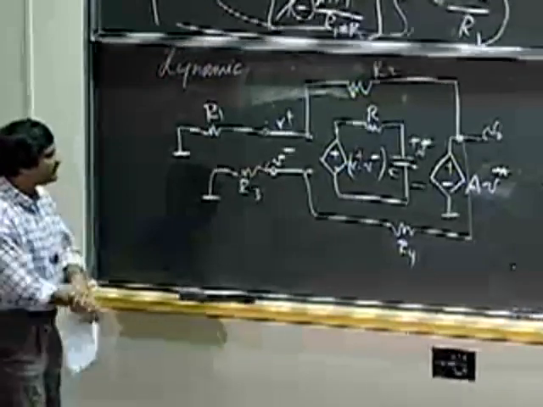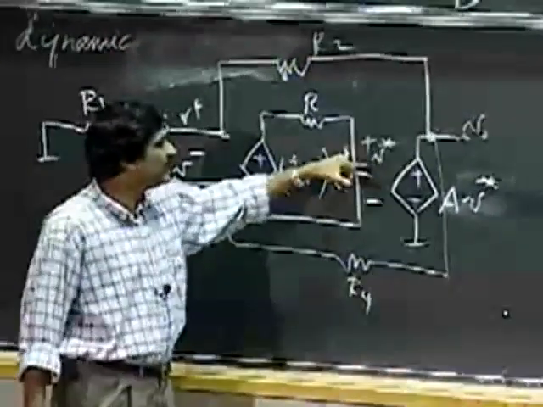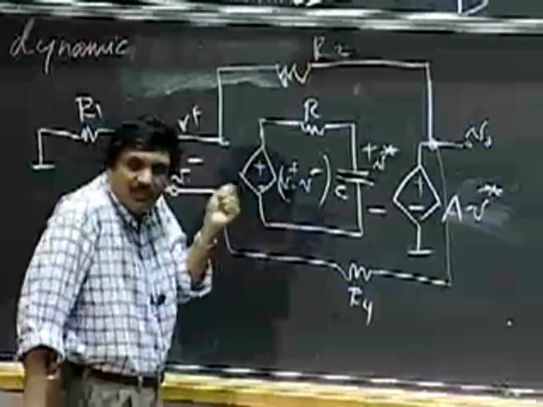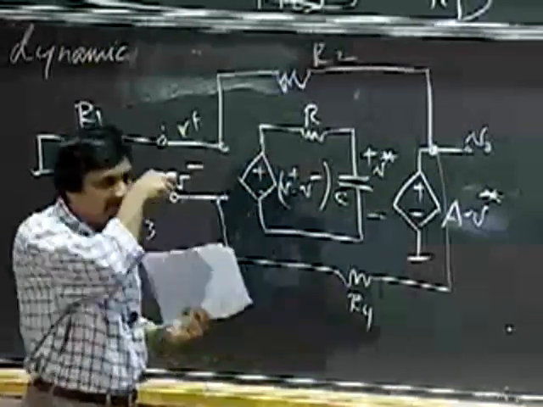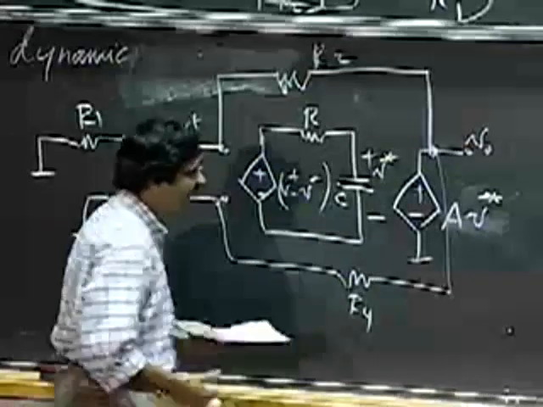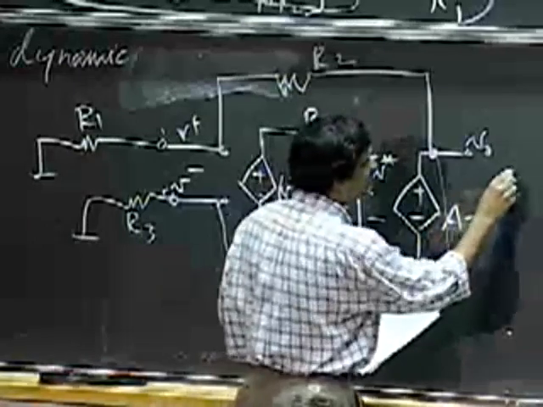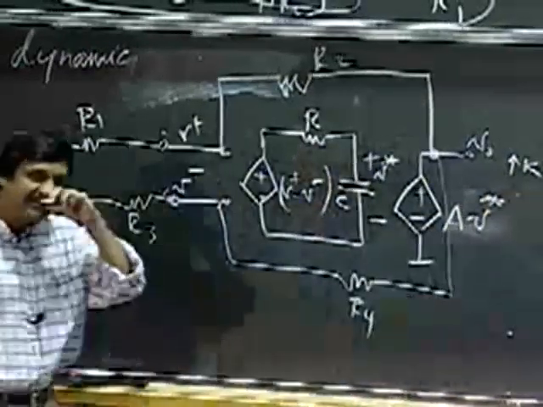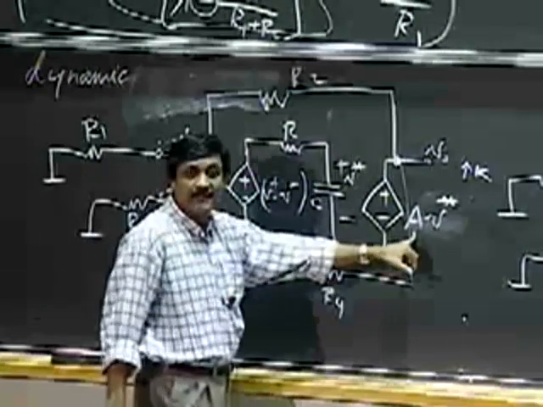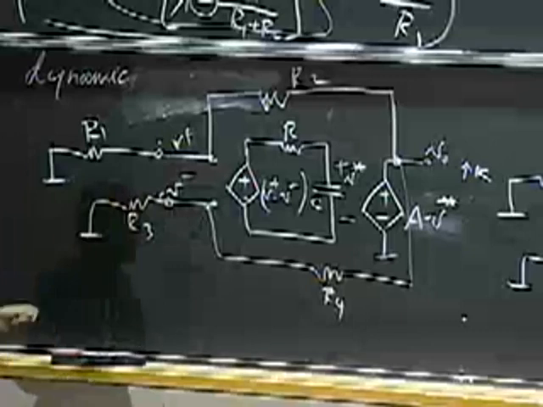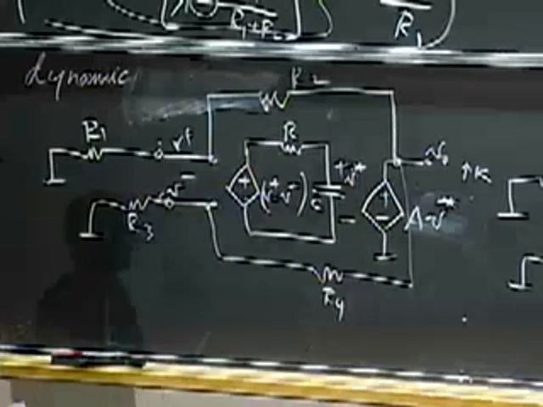Just to give you some insight into what we're going to see, notice that if I make a small perturbation to the capacitor voltage, let's say by applying some initial condition onto the capacitor, then let's say the output changes to some value K. So the change on the capacitor must have been K divided by A. And what we're going to see is what happens to the op-amp when the initial condition on the capacitor is such that this output gets perturbed to the value K.